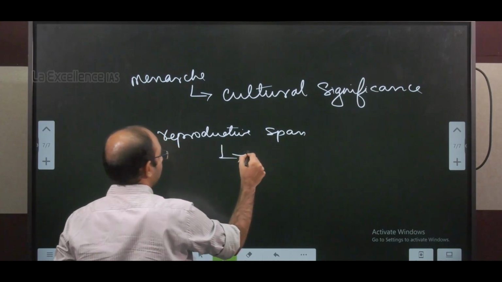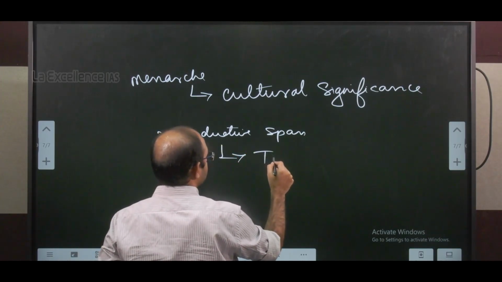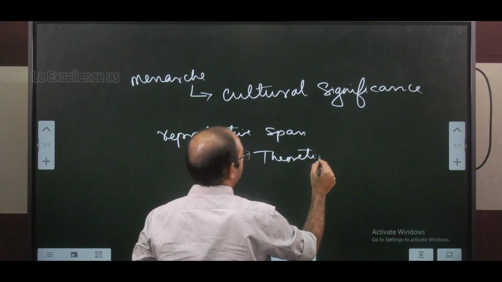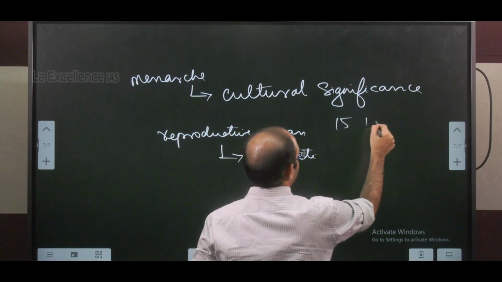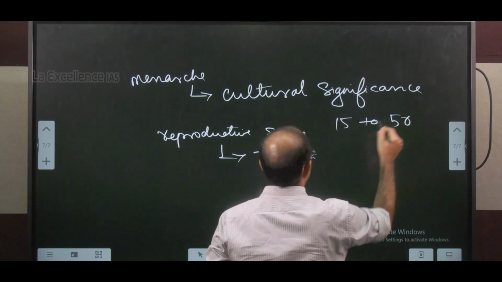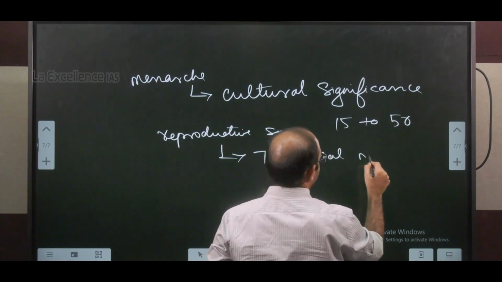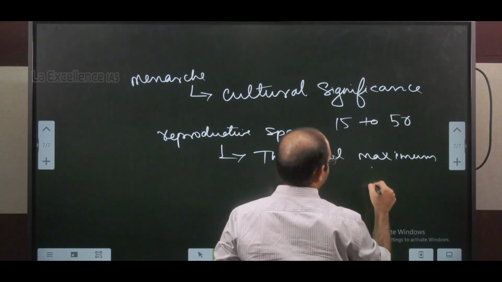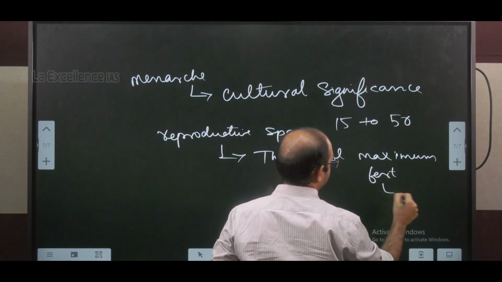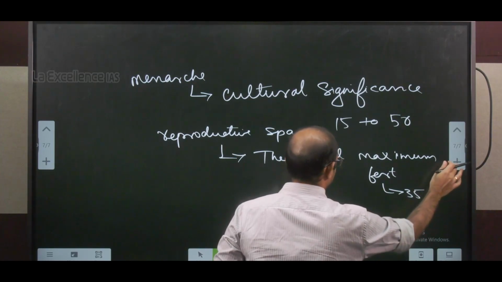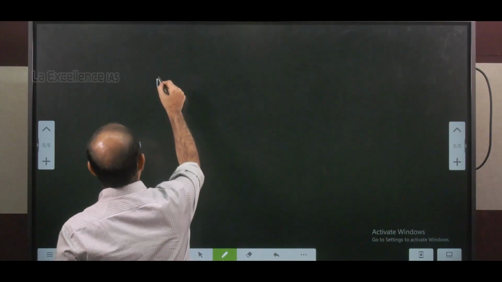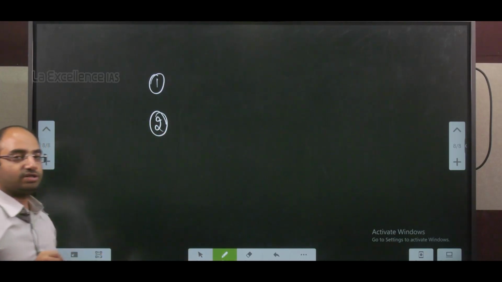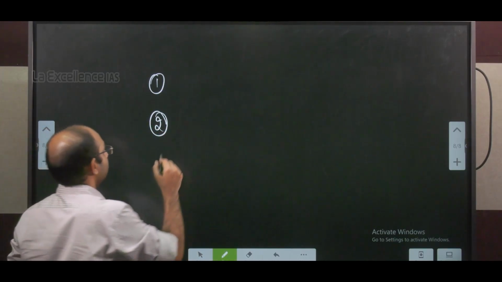And in this span, we can also have something called theoretical maximum fertility, that is, if you have ages 15 to let's say 50, theoretical maximum fertility can be around 35. But nobody reaches 35, and during this span you also have two periods of temporary sterility.